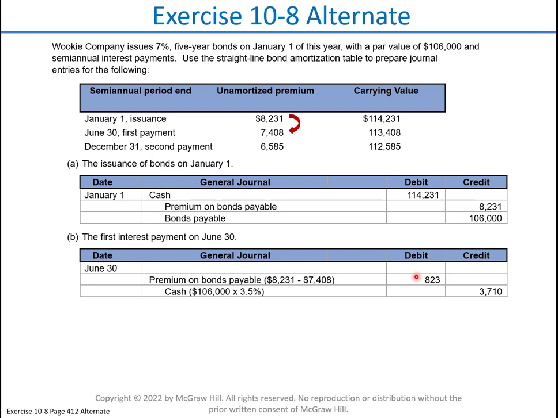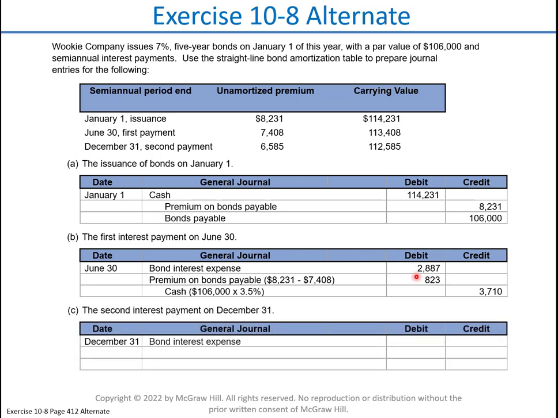So rounded, that comes to $823. And we will debit bond interest expense for the difference between the cash payment and the premium amortization. Every 6 months, we will have an identical journal entry to this.